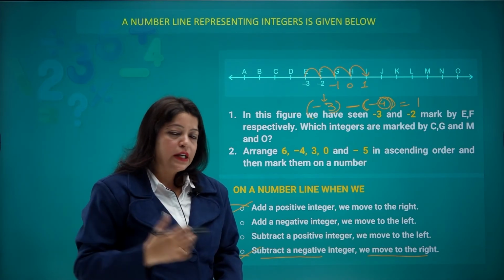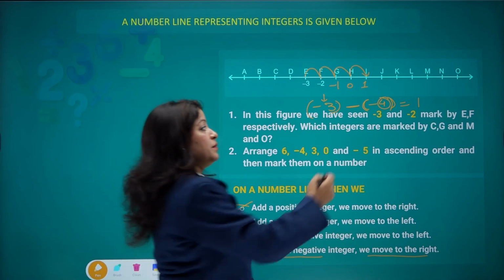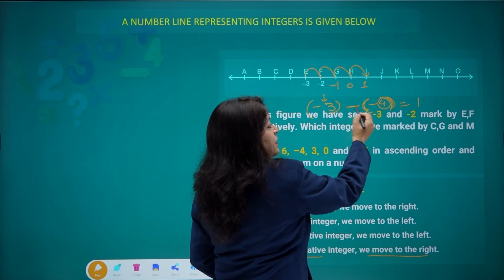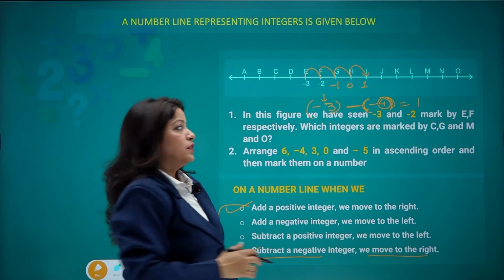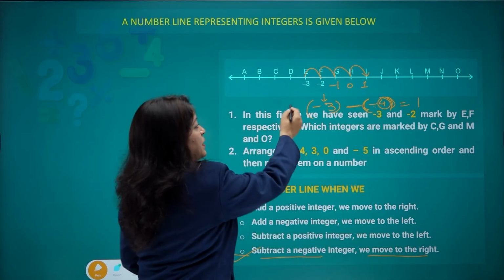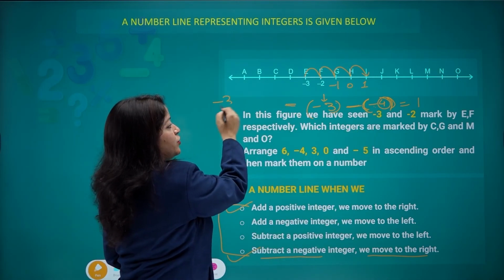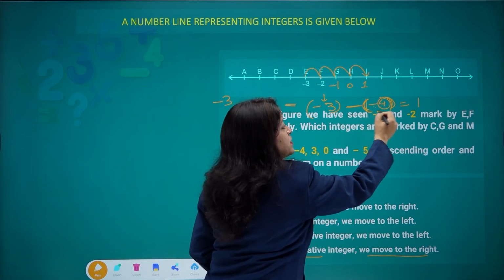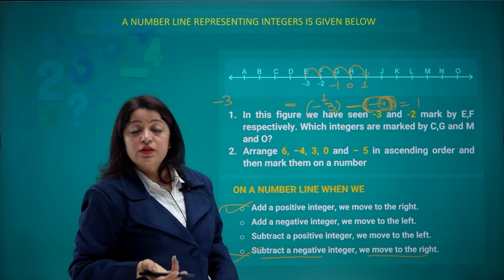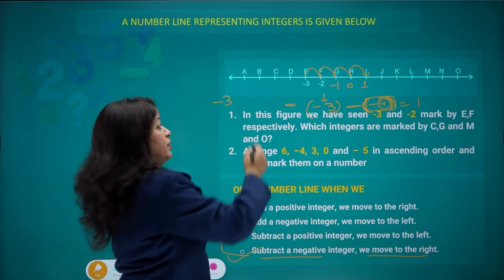But here you can relate it like this: if there is a minus sign before the bracket, the sign will change. That means it will become -(-4) = +4.